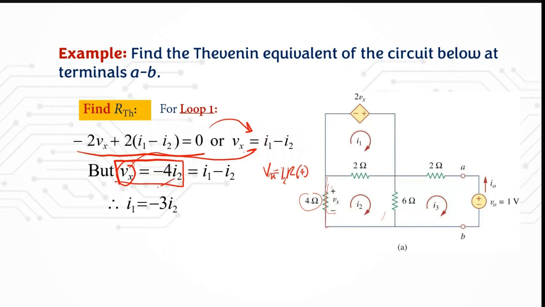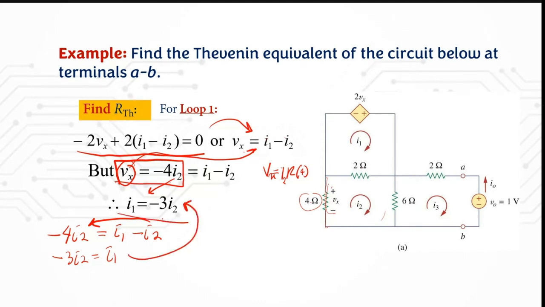Then when you simplify, you bring this one here, so negative 3 I2 equals I1. That's why you have I1 equal to negative 3 I2. So you have that for your loop 1.